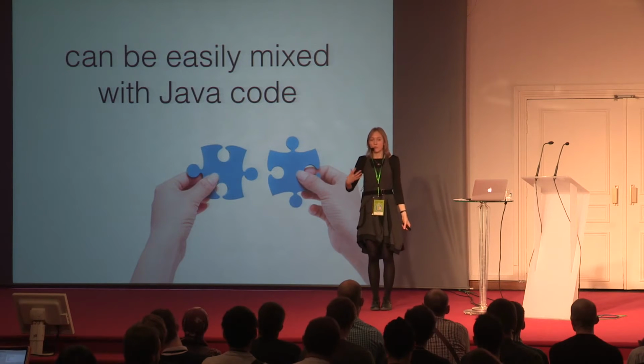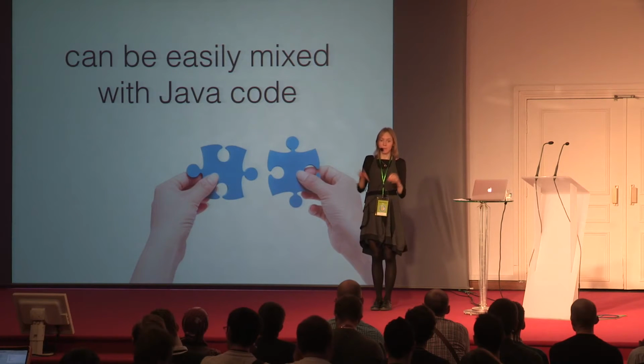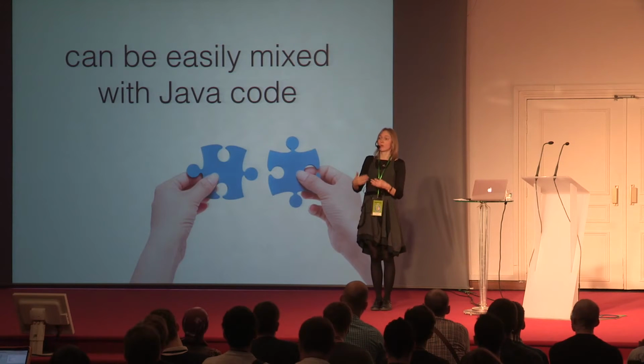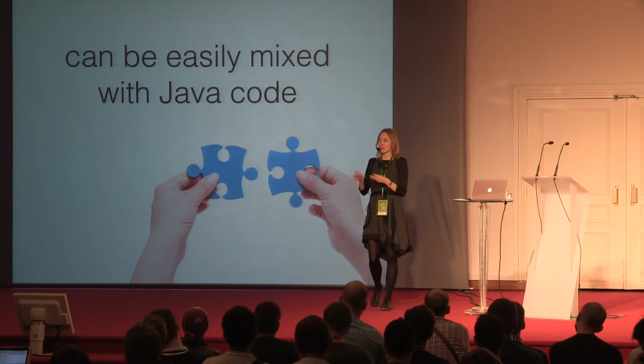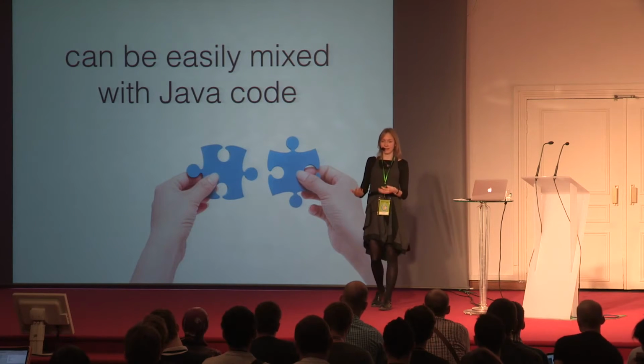But what works for Kotlin is that you can really mix two languages in one project. For example, you can add a new class written in Kotlin to your Java project and it will work. You can use Kotlin from Java code. Kotlin is designed especially to be used like this.